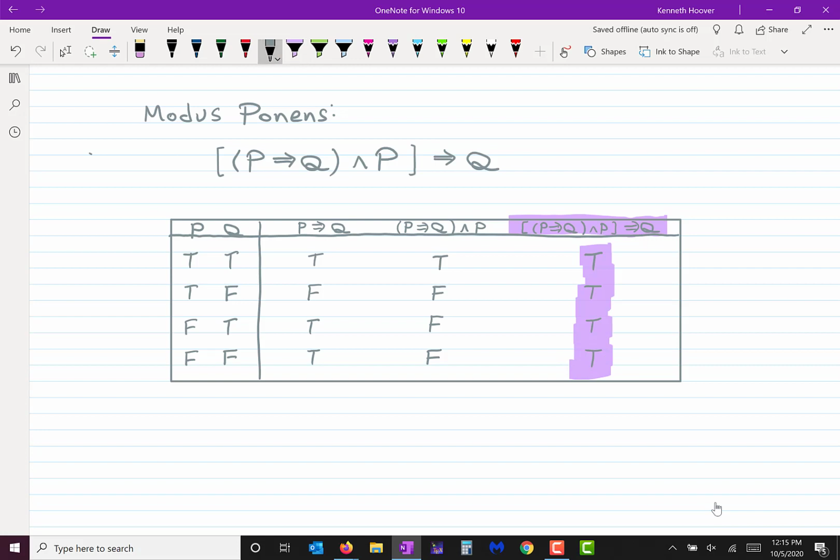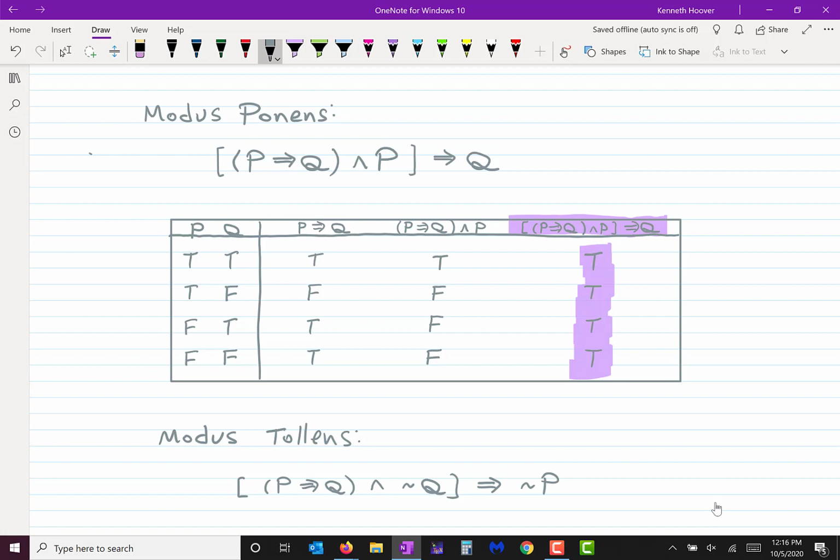There's a partner for modus ponens called modus tollens. Which says P implies Q along with the negation of Q imply the negation of P. I won't go through the proof of that, but you should for practice.